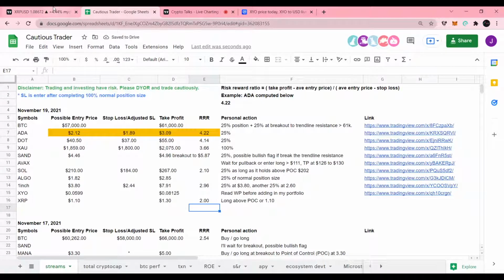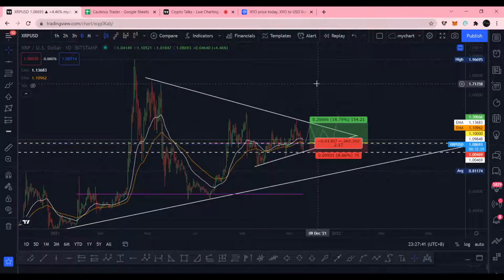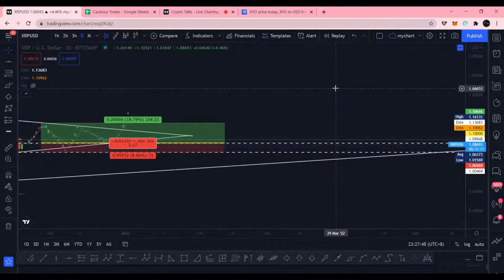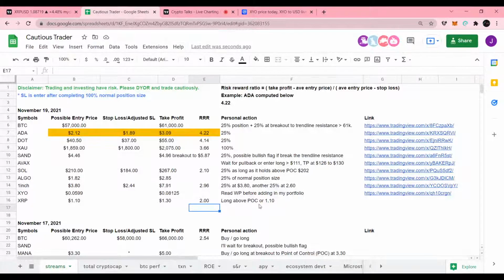Yeah, this is just a short term unless you're planning to hold it long term like me. I've been holding it since last year. But I'm using XRP actually as my collateral in my futures trades. So anyway, I'll just add more if it trades above the EMA 30, which is 1.13.